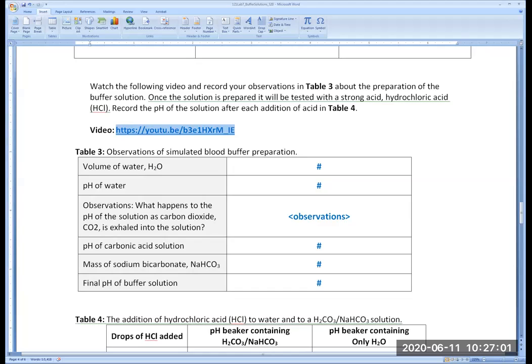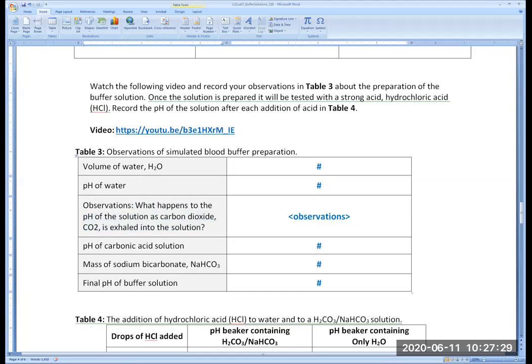It's your observations when the buffer solution is prepared. So you will note the volume of water that is used, and the pH of the water before we blow the CO2 into the water. What happens to the pH when the CO2 is exhaled into the solution? So here we expect words.